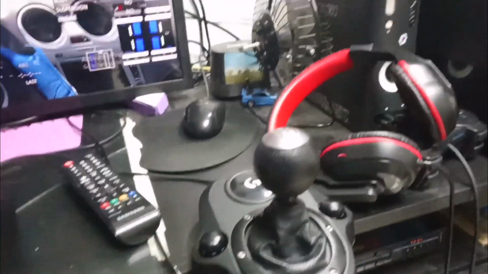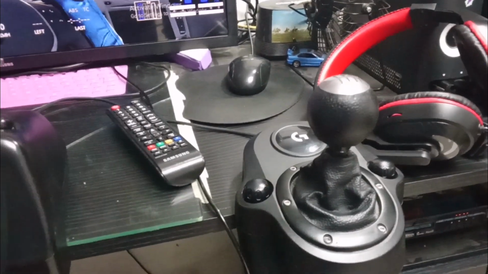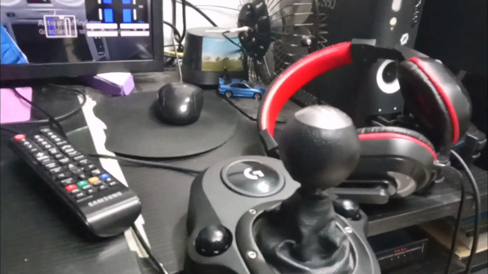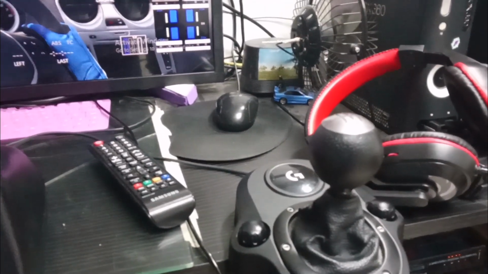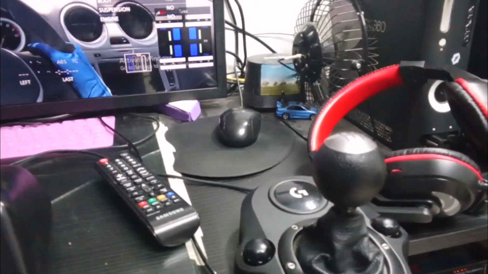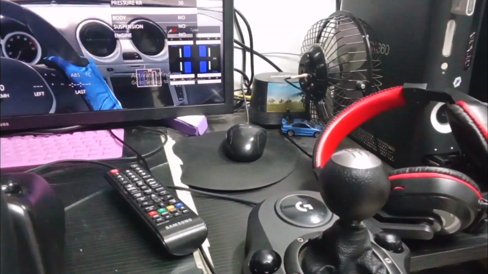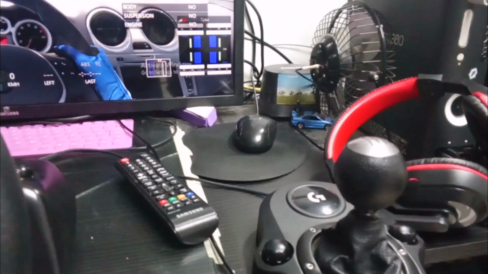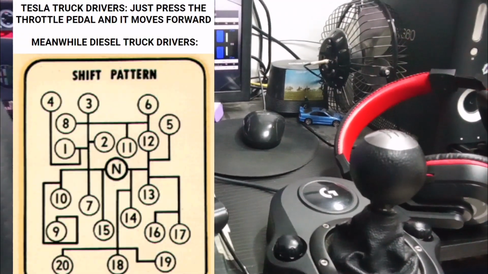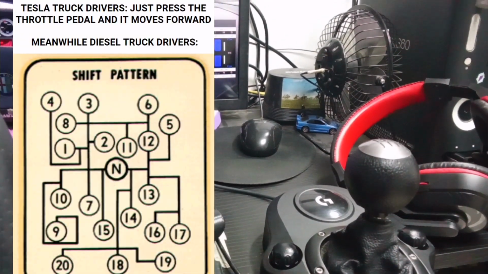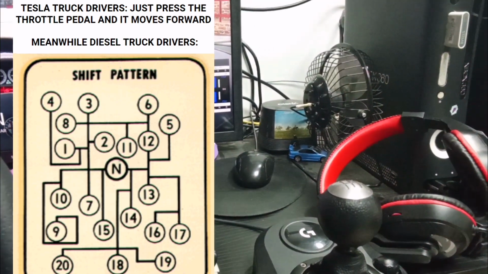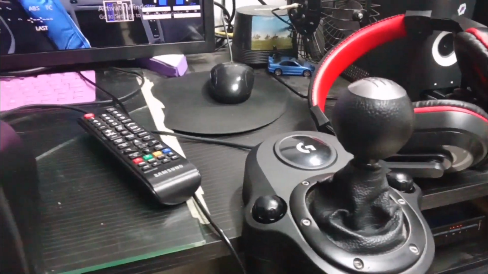So we have different kinds of manual cars that have 4, 5 or 6 gears, and also cars that have more than 10, but those are very special cars, like the trucks that have to move a lot of weight. That's the reason why.